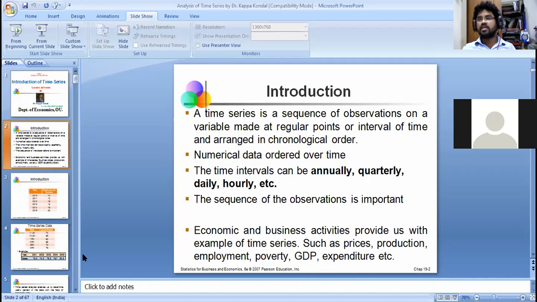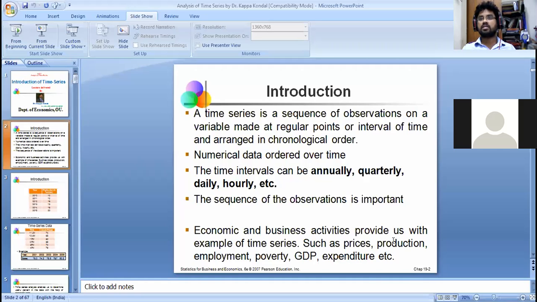Generally, a time series is data collected over a period of time, numerical data arranged over time. It may be second wise, minute wise, hour wise, day wise, weekly, monthly, quarterly, half yearly, yearly, once in 5 years, and once in 10 years. We collect these data from different sources of information.